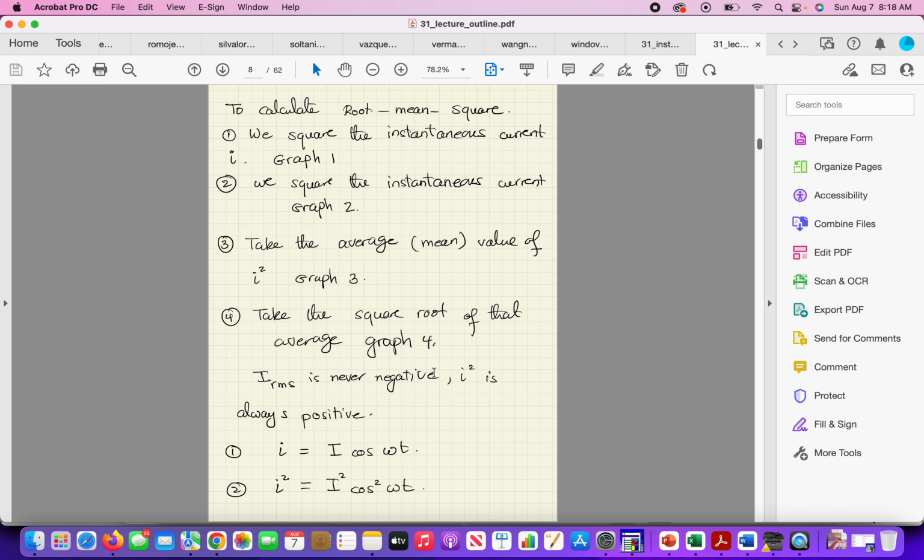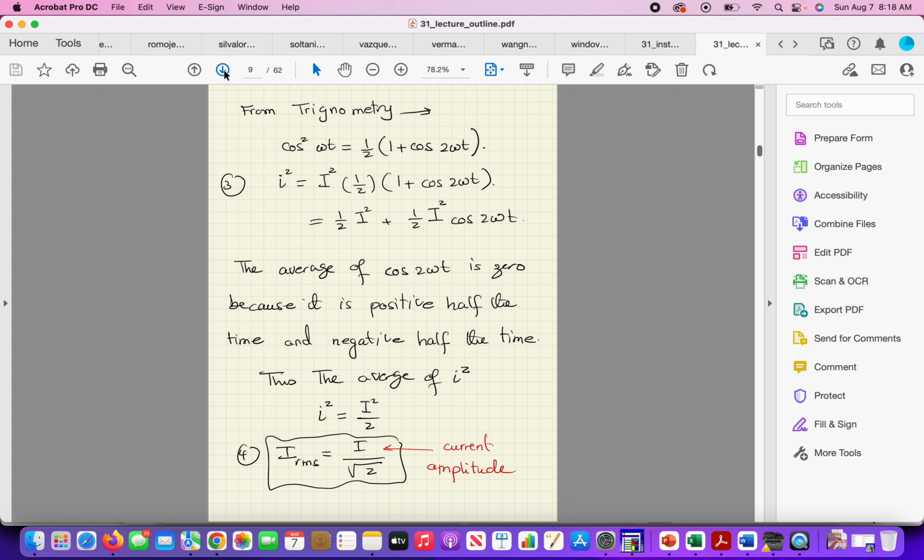We will say IRMS is never negative. I squared is always positive. I'm showing you here also that I equals I cosine omega t, and when I square it, of course, anything that is negative is gone.